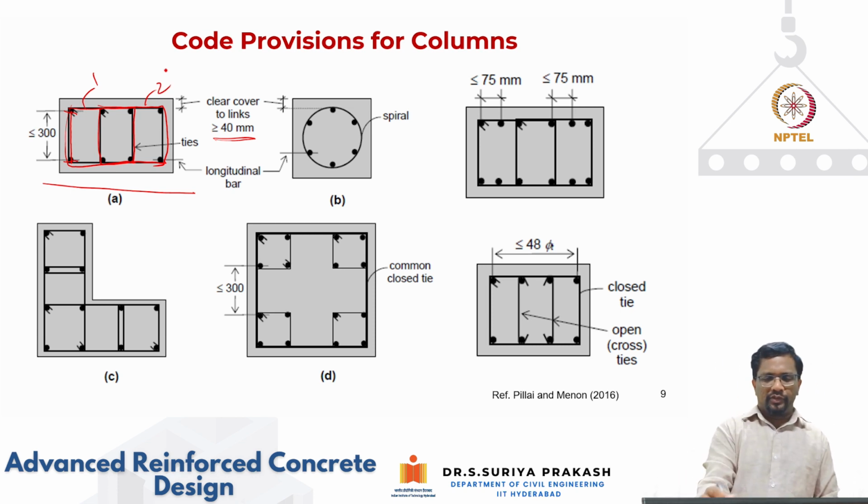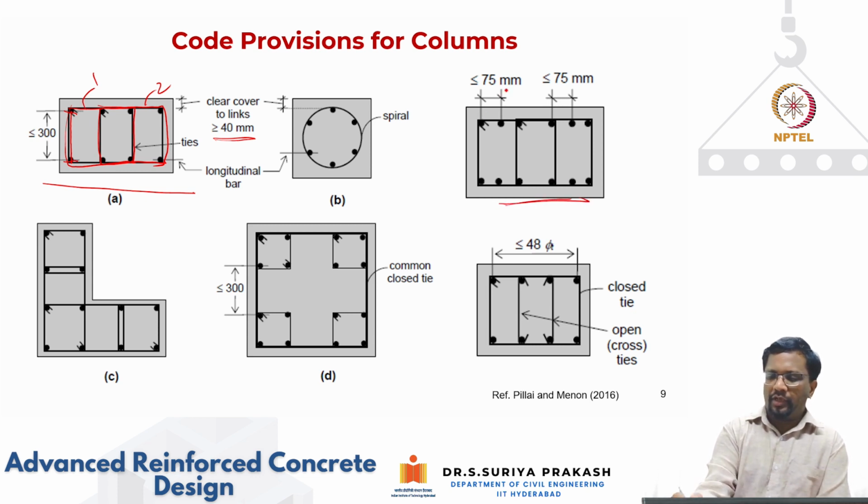And then again for the circular and square column with the spiral reinforcement, the requirements we have discussed: the clear cover to the link should be greater than or equal to 40 millimeter. If you look at the next spacing, you can have longitudinal bars that are not restrained by the ties, but that spacing should be less than or equal to 75 mm.